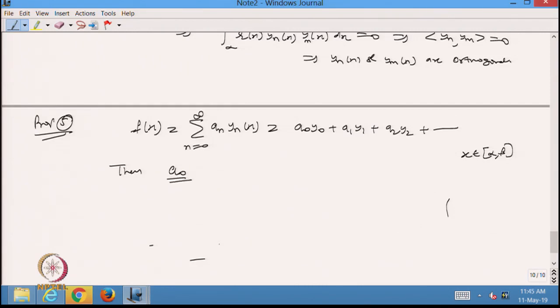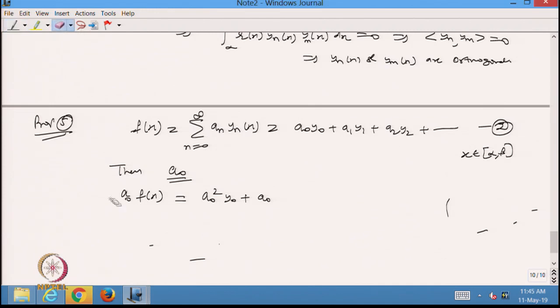What I will do is multiply the equation, I just give it the name equation 2.